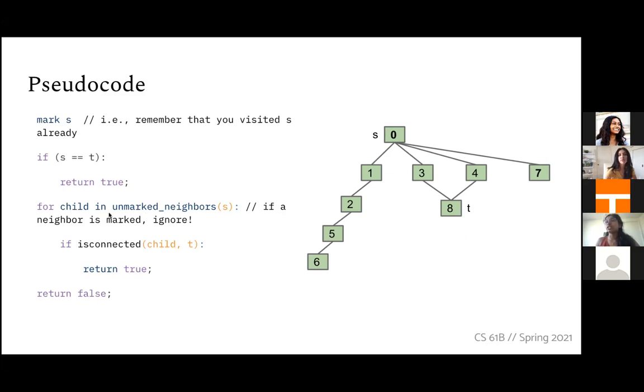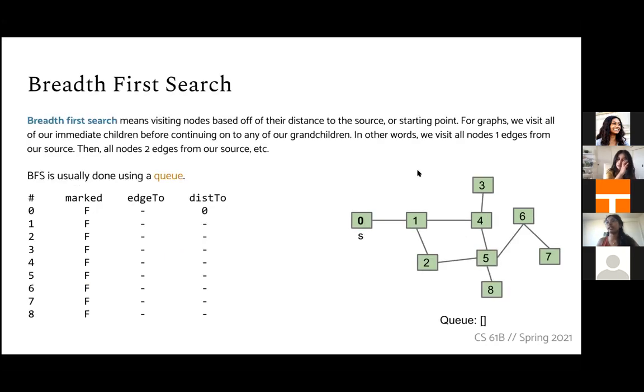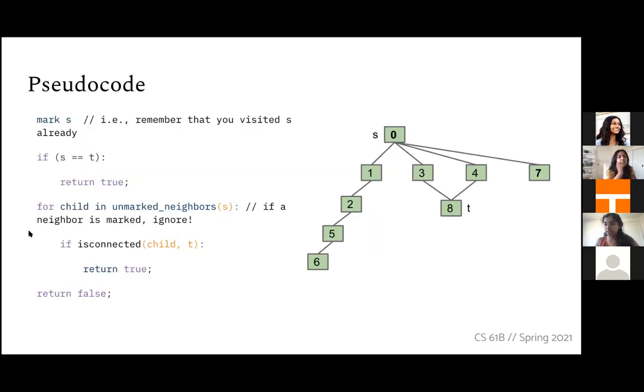But for the child and unmarked neighbors, if a neighbor is marked, you would be ignoring it because you don't want to go to a node that you've already gone to, especially if it's all the way down here. There's no reason to come back to number 6. I'd have to go all the way back to 0 and then move forward again, if that's clear. If there's any questions, keep putting them in the chat, and I can answer them if there's some issues.